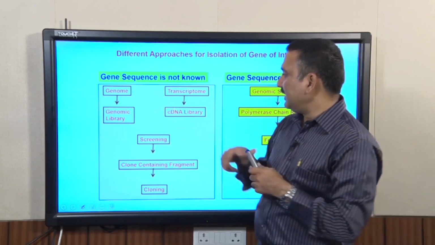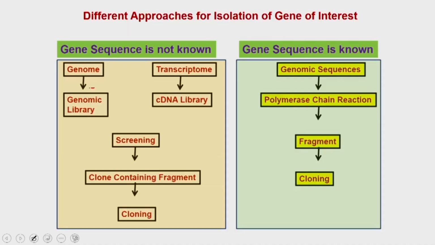Now, whether you have prepared the genomic library or the cDNA library, all these libraries have to be screened using a particular type of criteria to isolate your particular gene, and this is what we are going to discuss in our subsequent lecture.